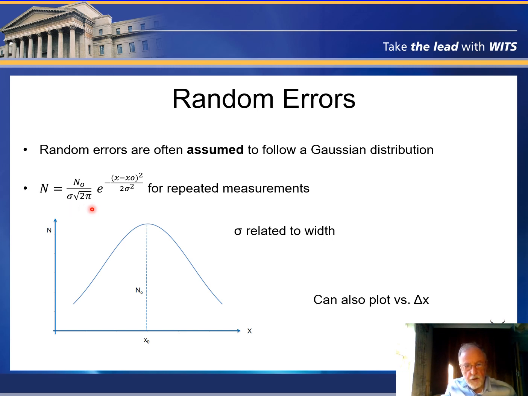There's a sigma in it, for example, and N naught is the value of the probability at the mean.